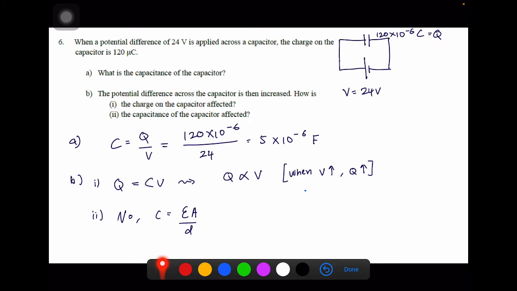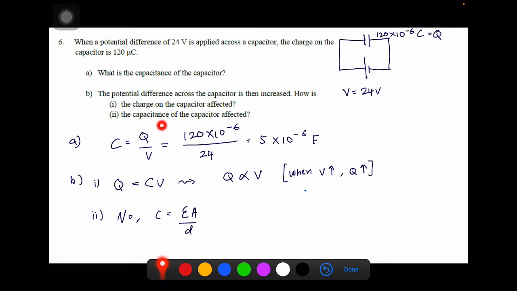When the V is increased, Q increases. You have the equation C equals Q over V. Rearranged, it becomes Q equals CV. C is constant, remember that C is constant. So Q is directly proportional to V. So V increases, Q increases.